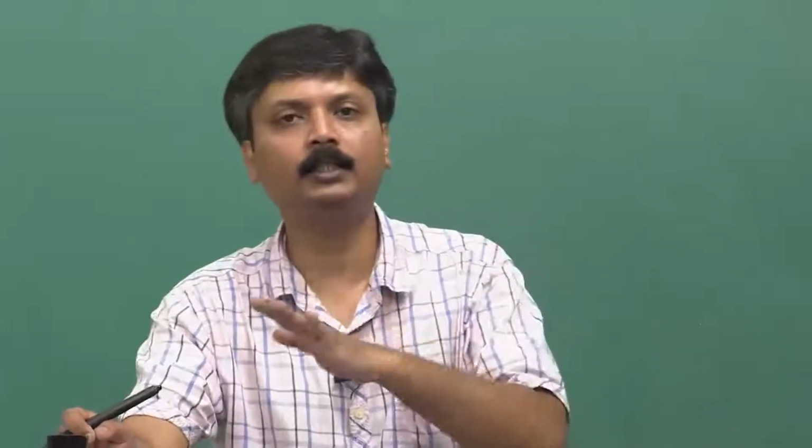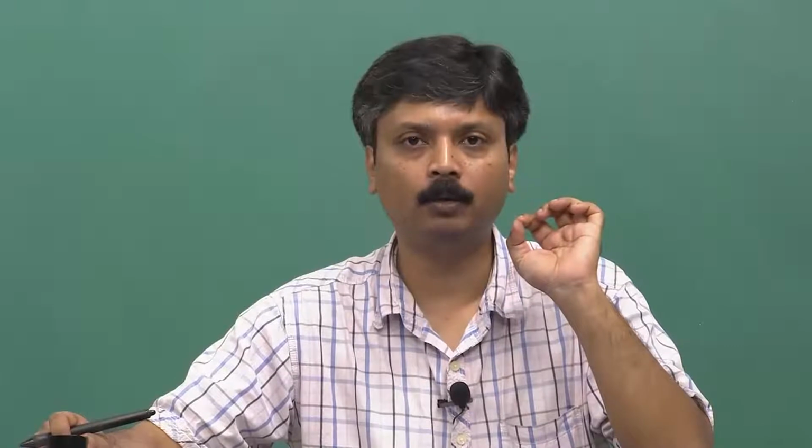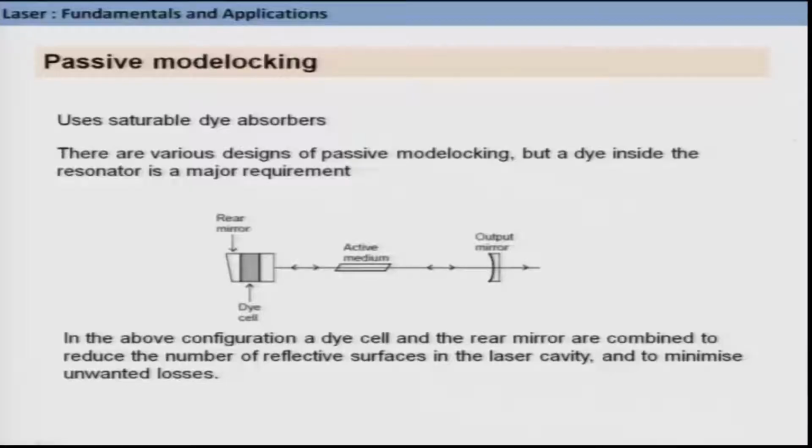There are different materials available which are good saturable absorbers. Let me remind you what saturable absorption is. If you take this material which we call a saturable absorber and send in light, it absorbs all the light going through as long as the intensity is low.